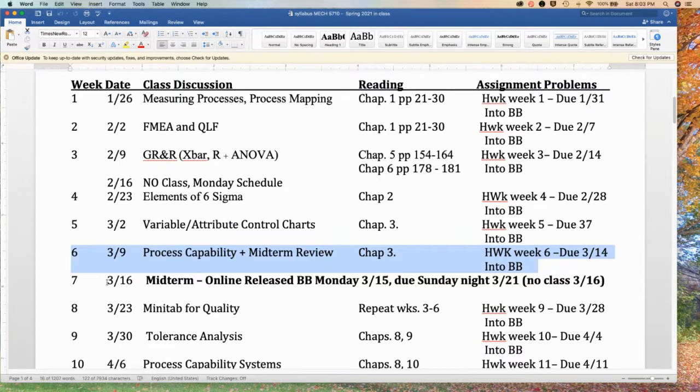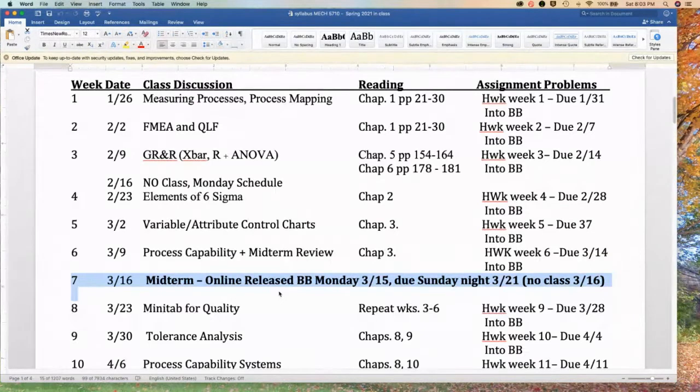We do not have a class doing the midterm. The midterm will be released. We'll have a week to do the midterm. The idea here is not for you to copy from each other. The idea here is for you to do a good job and not do a rush job. I trust you. This is a graduate class. I'm not going to worry about it.